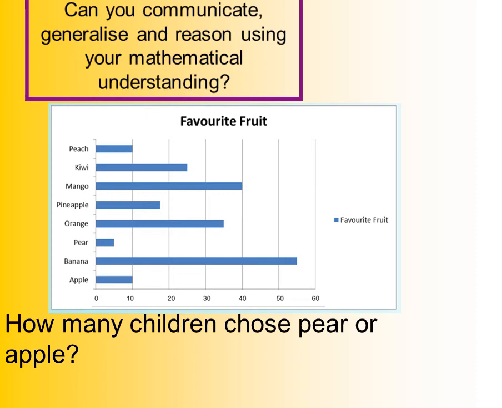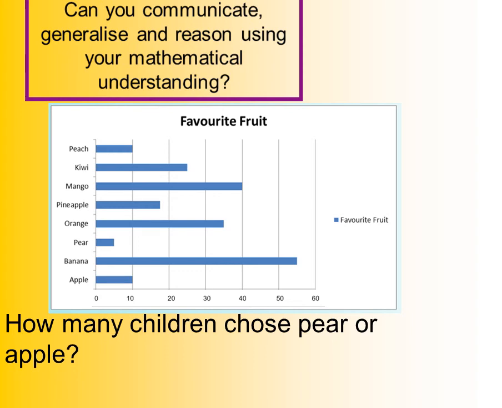So write down the number of people who chose pear was... What's halfway between 0 and 10? 5, well done. So 5 people chose pear. Oh, apple's another easy one because it hits that 10 point perfectly. So 10 people chose apple.